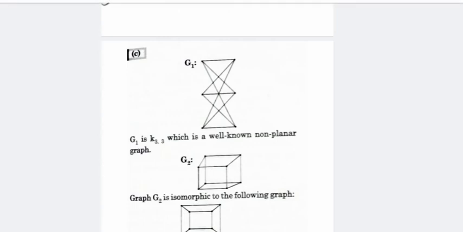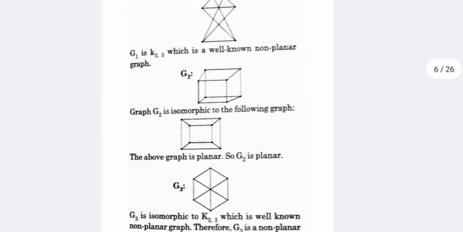So G1 is non-planar, and G2 is isomorphic to the following graph, which is identified like this. This is our G2 graph, and this G2 is a planar graph, and G3 is also a well-known non-planar graph. Therefore G2 is the correct answer, that is, option C is correct.